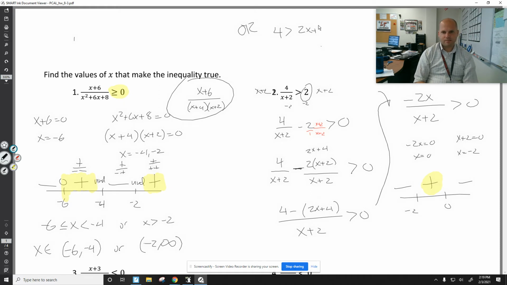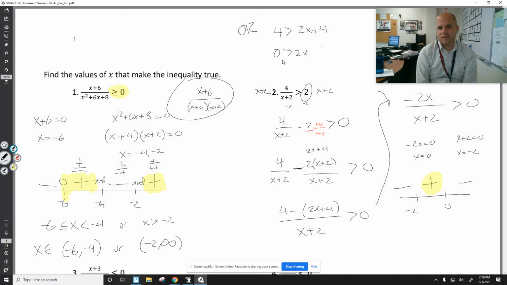This doesn't work out. Because if you subtract 4, you get when is 2x less than 0, which is going to be when x is negative.